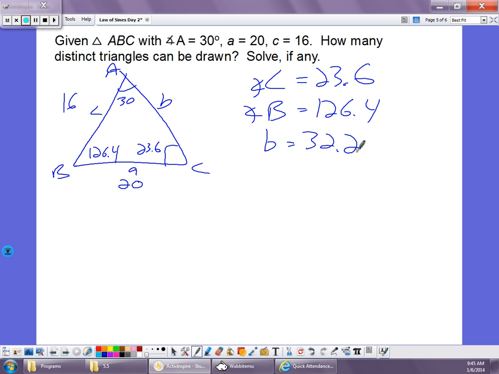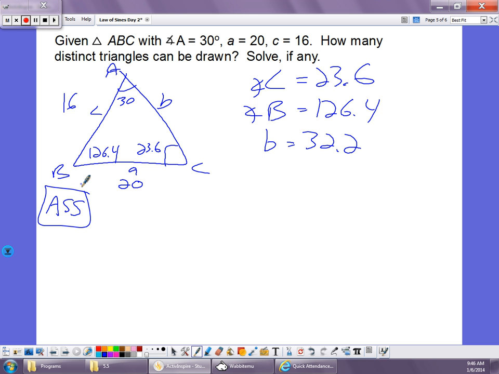All right, I didn't go through the work just because I already went through it twice, but you should be good at least getting this first triangle, okay? But now you know it's angle side-side, so you have to look for the possible second triangle. So what you do is take the angle that you solved for using inverse sine. That's important.